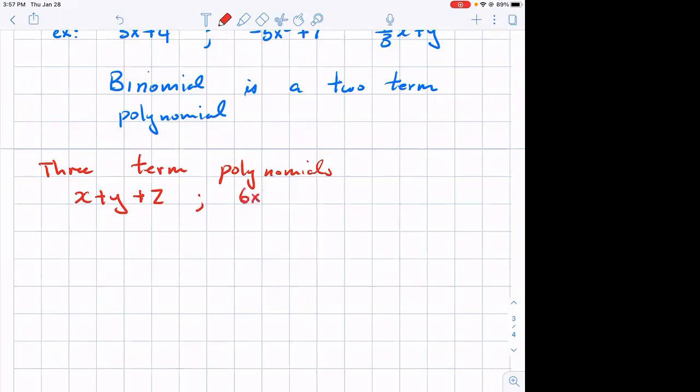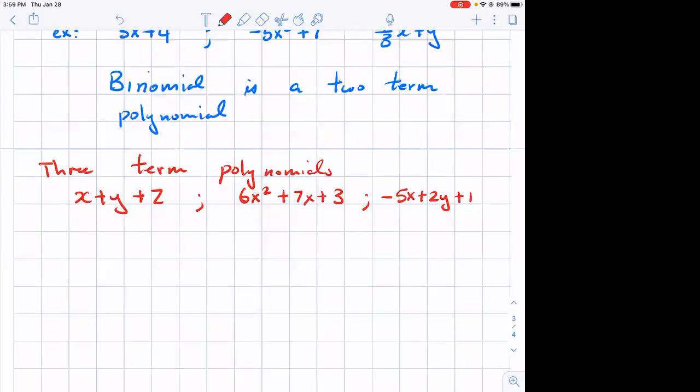6x squared plus 7x plus 3, or minus 5x plus 2y plus 1.